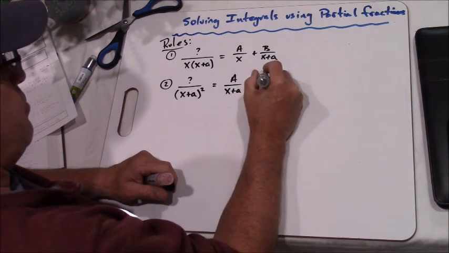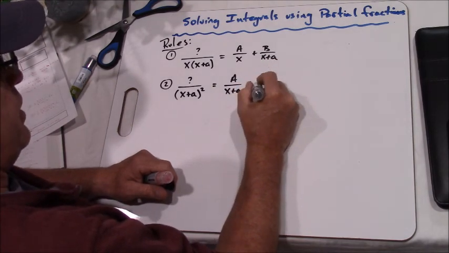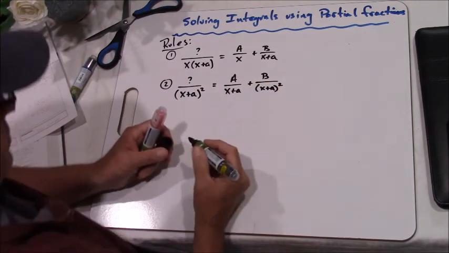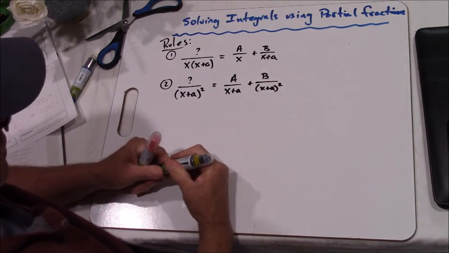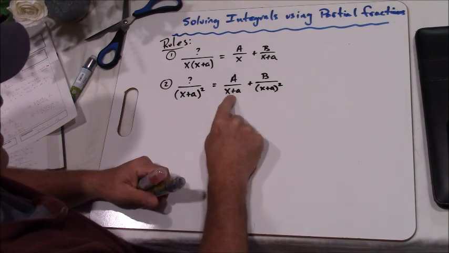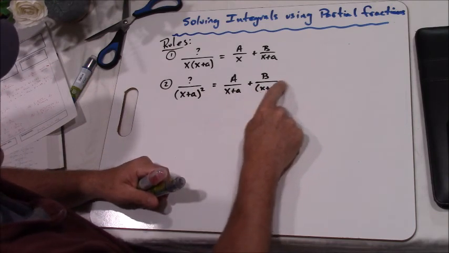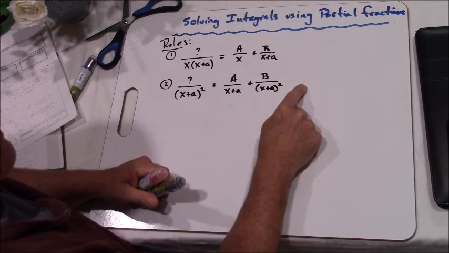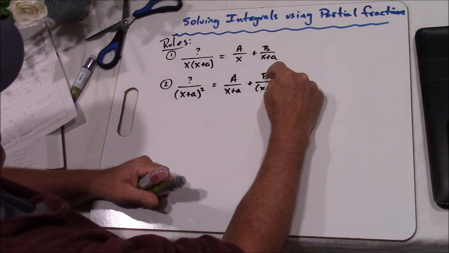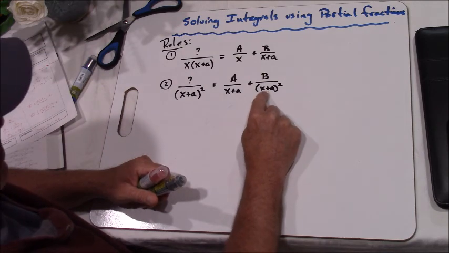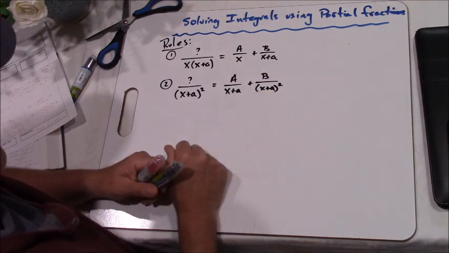So this needs to go up by 1 degree. So this would be x plus a squared. So if this would have been to the 3rd power, I would have this fraction plus c over x plus a to the 3rd. Okay, my numerator is still 1 degree less than this factor, but not the overall denominator, because this will be an x squared by the time you get finished with it.